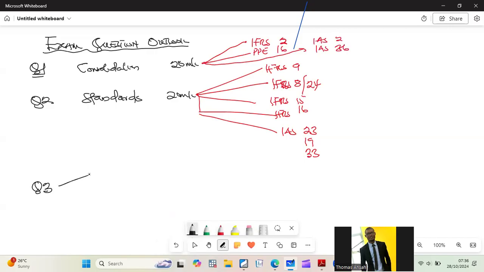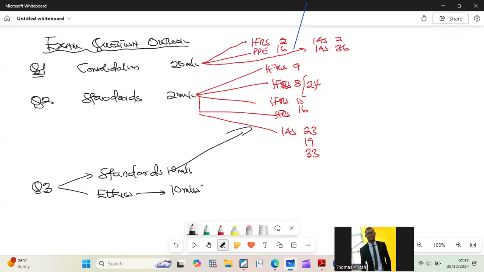Your question 3. We are looking at question 3 also on standards. So the standards that are listed here, I've listed already, are the same standards we are going to look at. Then question 3B is all about ethics. This thing will be 10 marks per what I've shown you. Then the ethics is 10 marks.